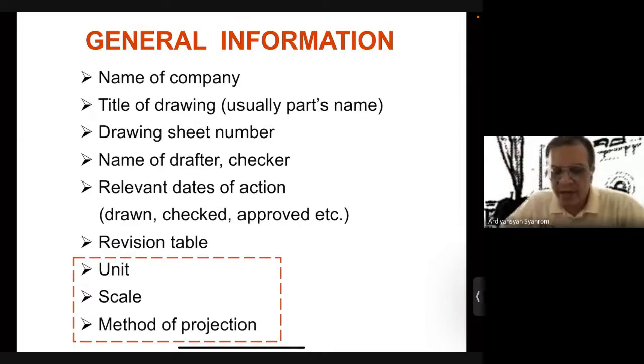Another one is the relevant date of the action: when it was drawn, checked, and approved. And there is a revision table, and unit, scale, and method of projection. Then we focus on the unit, scale, and method of projection.